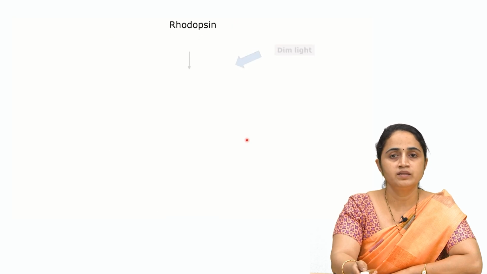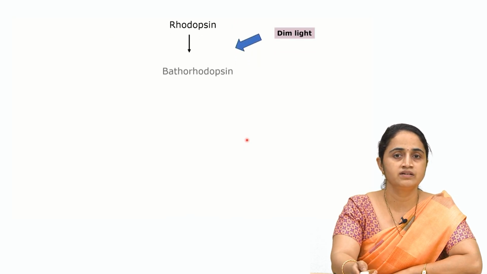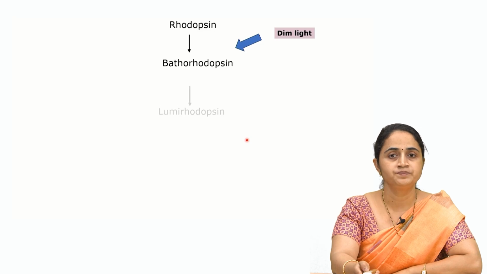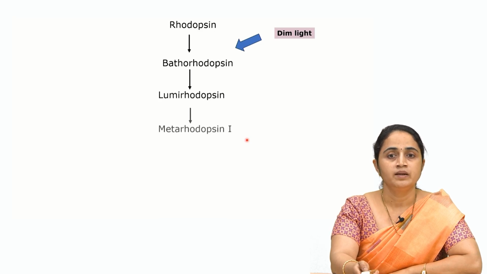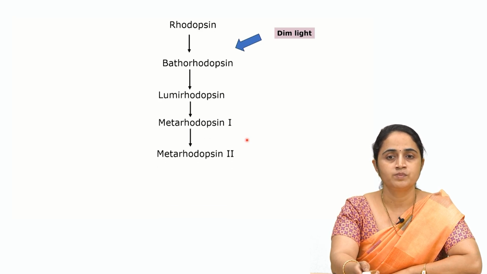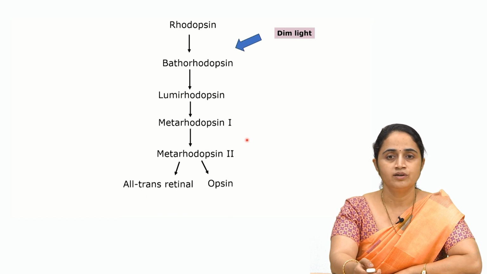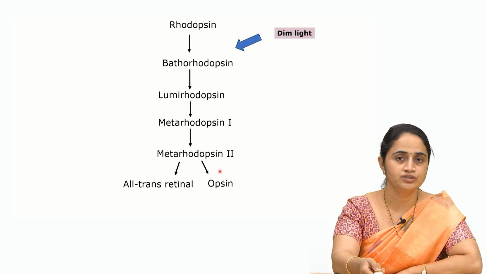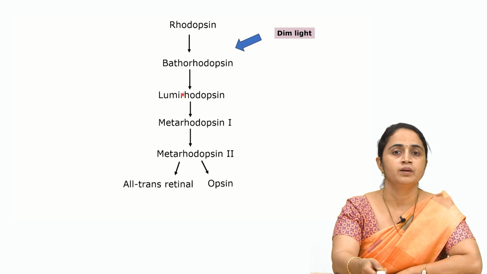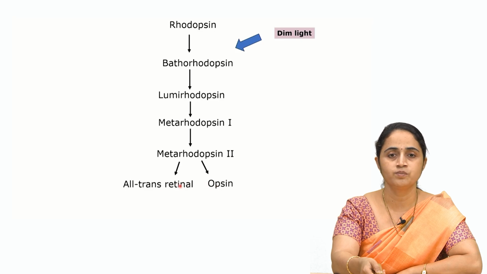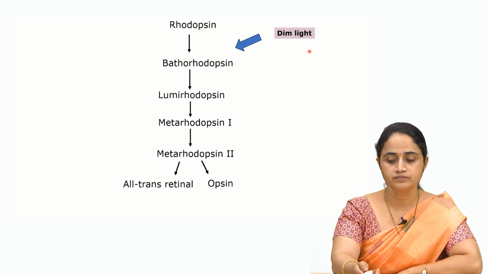The biochemical changes from rhodopsin to all trans retinal are these. Rhodopsin in the presence of dim light gets converted into bathorhodopsin, lumirhodopsin, metarhodopsin 1, metarhodopsin 2, and finally it is dissociated into all trans retinal and opsin. It looks simple, but there is a series of interconversions.